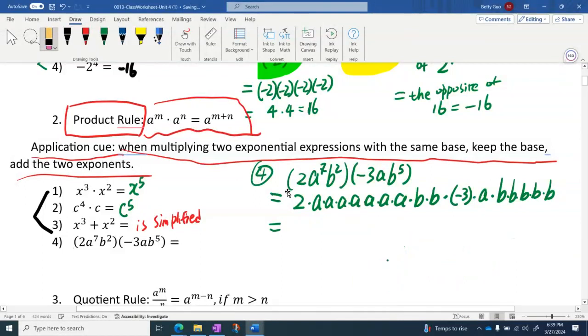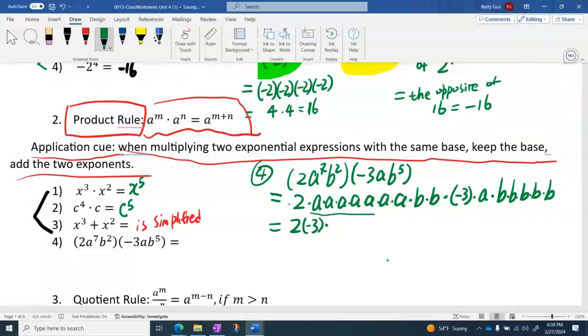Doesn't matter. So we can switch the order. We can put the two constant factors together, and then we can put those a's together. 1, 2, 3, 4, 5, 6, 7, and then another 1. So it's eight of them: 1, 2, 3, 4, 5, 6, 7, 8.